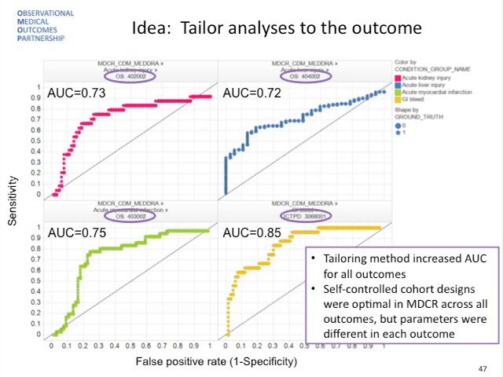So we were pretty struck with this, that what we could observe is, first, just by making the decision, we're going to pick different methods for different outcomes. You notice that it's the same family of designs that were selected, but in fact the specific choices, all those design decisions that Paul was talking about, are different for every outcome. And I think that makes sense, that's consistent with how we think about doing epi studies, that we want to custom craft and tune each study. Well, in fact, what we observed is that really can achieve better performance.